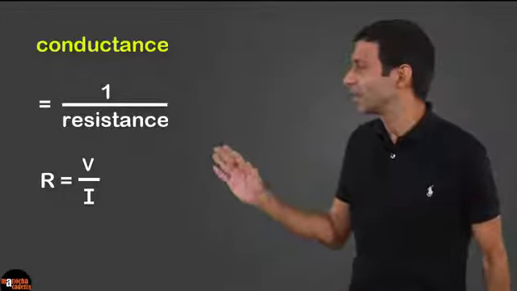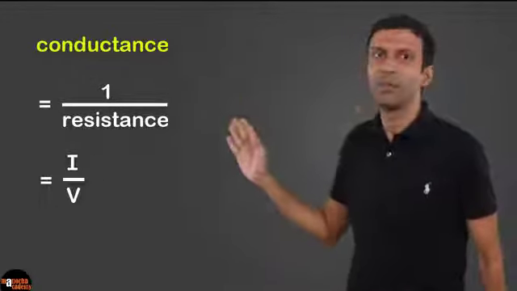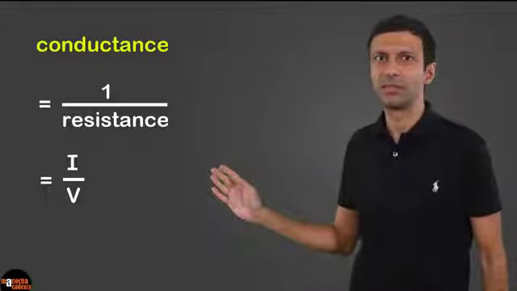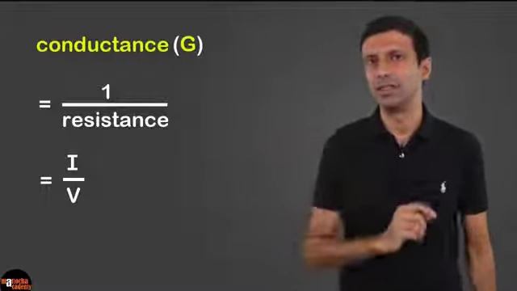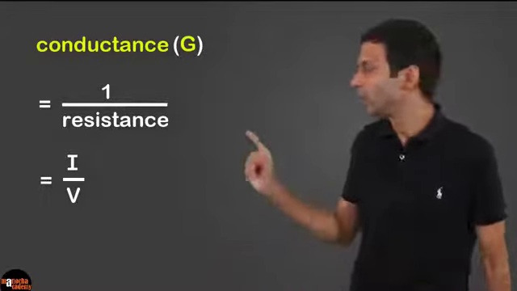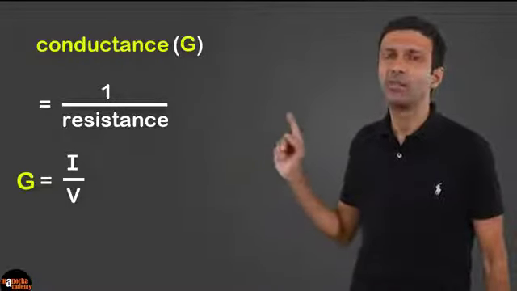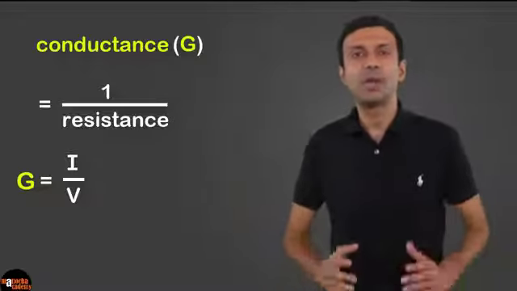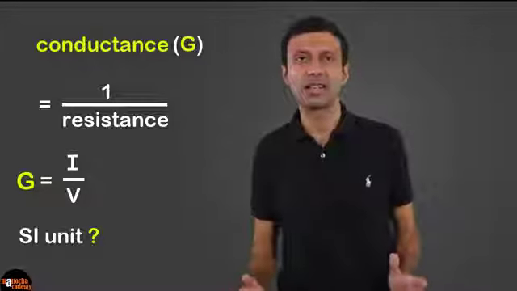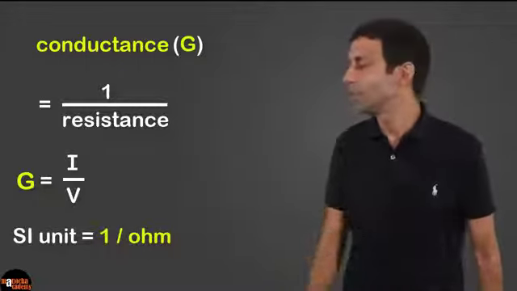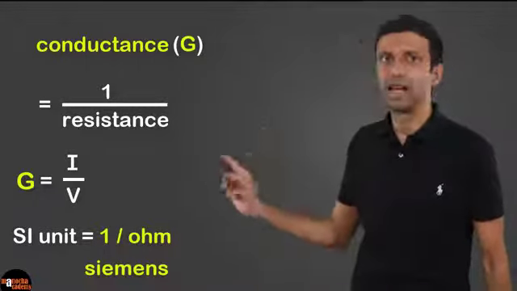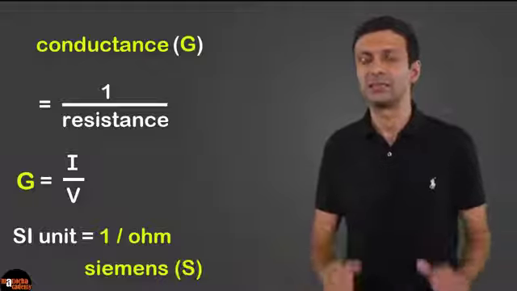So conductance will be electric current divided by potential difference. Usually the symbol G is used for conductance. So we have G equal to I by V. Now what will be the SI unit of conductance? It's going to be 1 by ohm, and this is called Siemens, and the symbol is S.